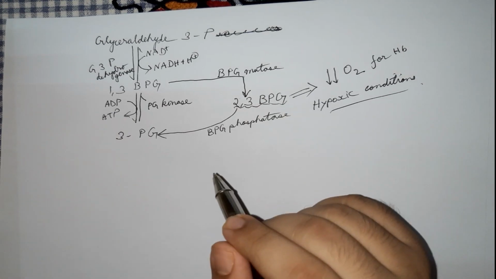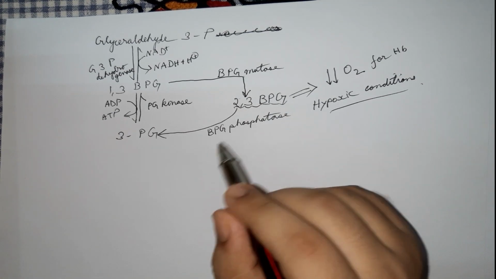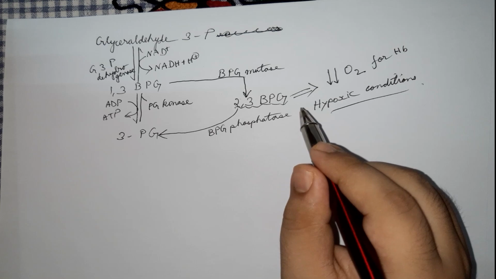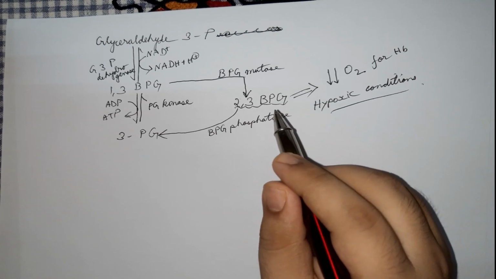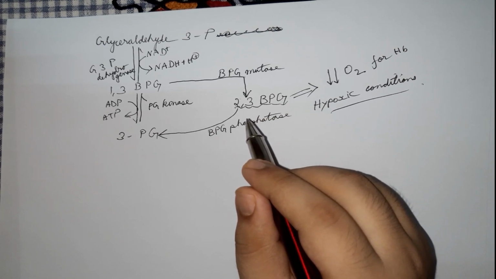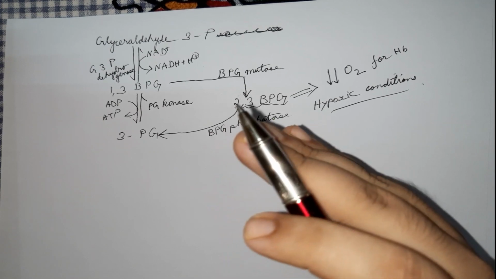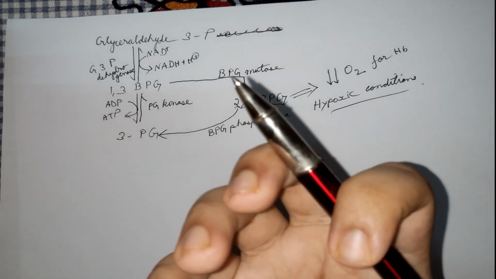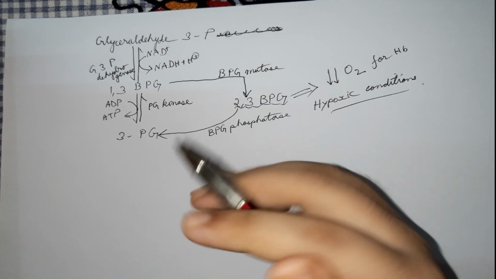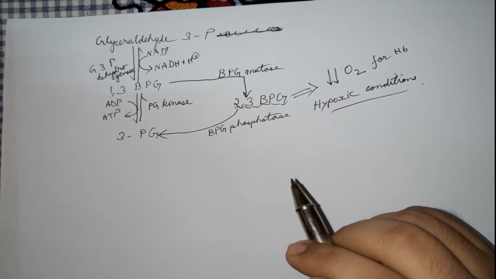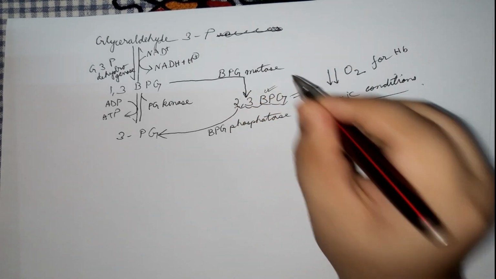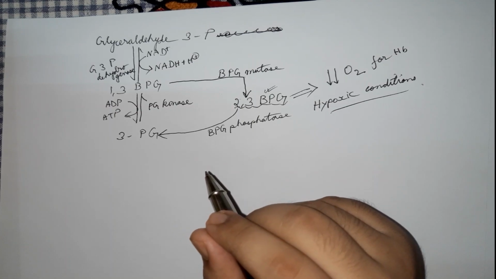Hence, this 2,3-BPG will decrease oxygen affinity of hemoglobin molecules. So the hemoglobin molecules will automatically be better at delivering the bound oxygen to the needing tissues. Hence, 2,3-BPG is a very, very important molecule.